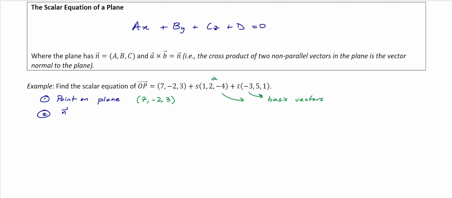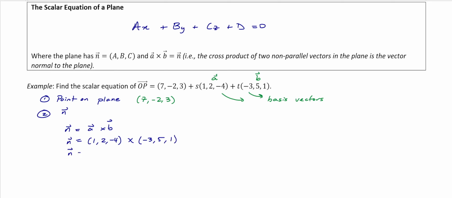So this is vector A, and this is vector B. So I can find vector n by simply taking the cross product of A and B. So let's go through that algorithm. A is 1, 2, -4, cross product with -3, 5, and 1.